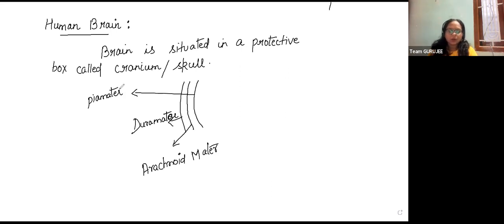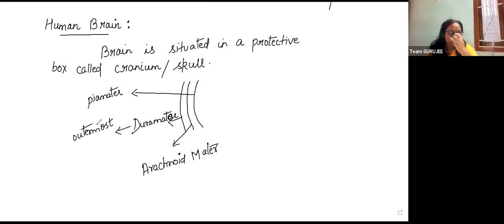So this cranium or the skull is made up of three layers. Dura mater is the outermost one. Please keep this in your mind, and write it also and keep it.